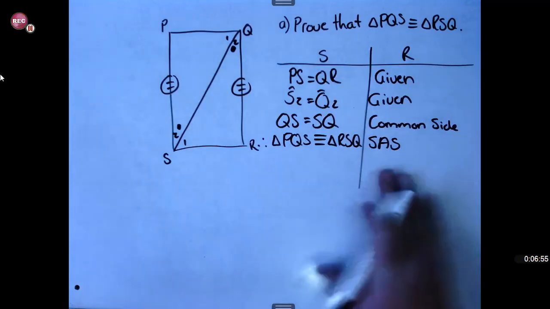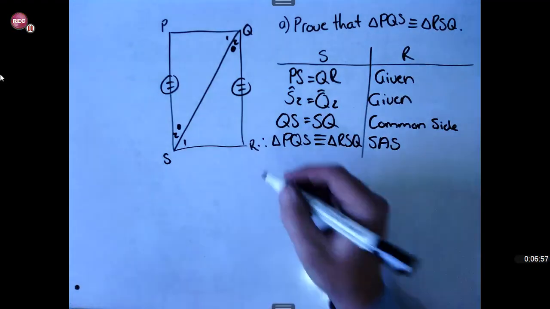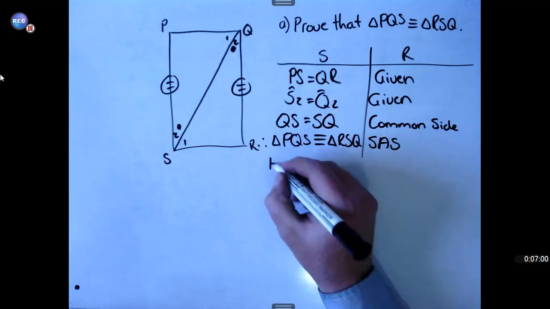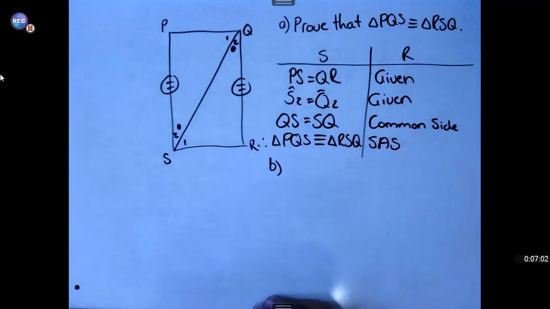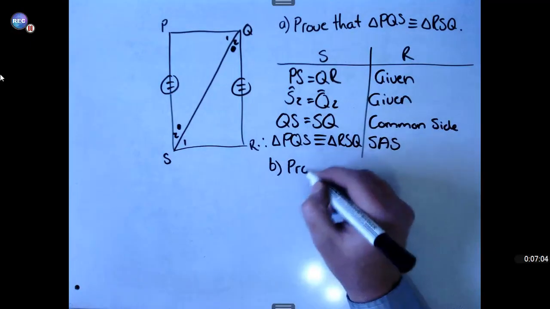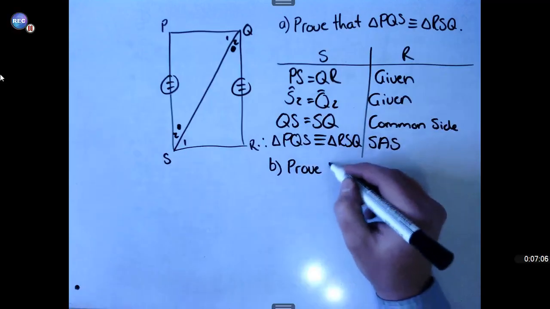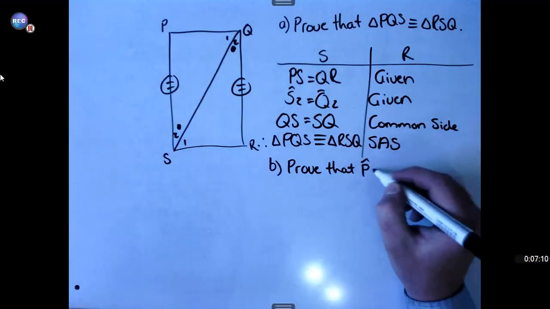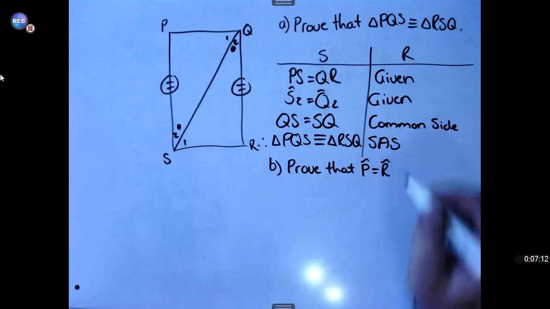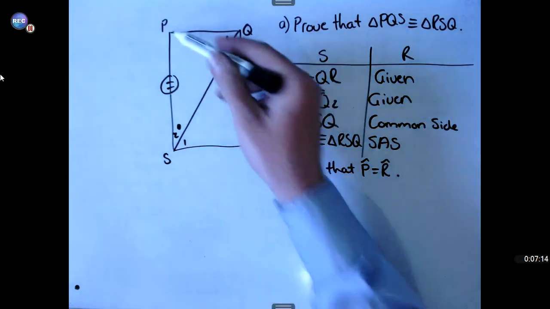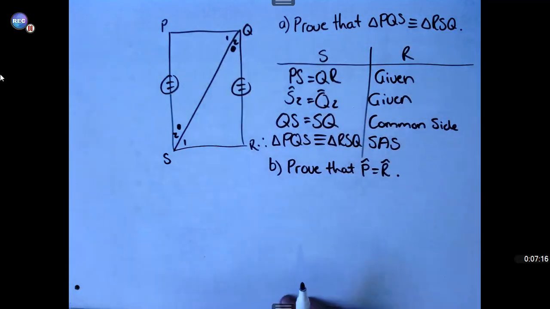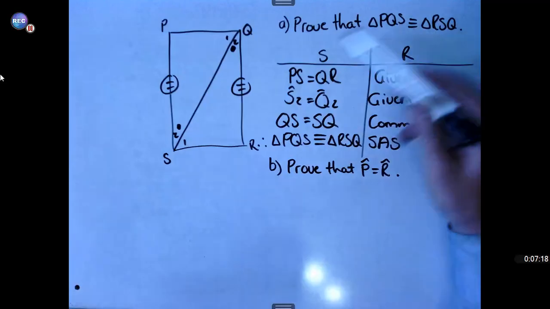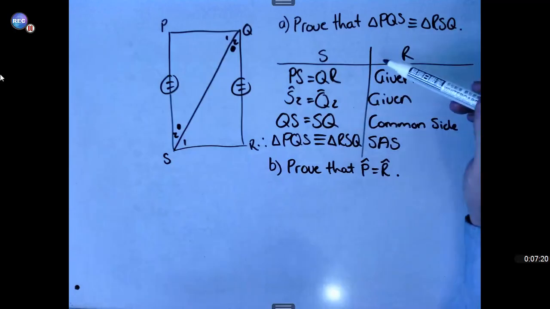Now, another question that I'm going to quickly just touch on is they can ask you that. They can ask you now, prove that angle P is equal to angle R. So prove that angle P is equal to angle R. Now, obviously, in the previous question, you've proven congruency, okay?